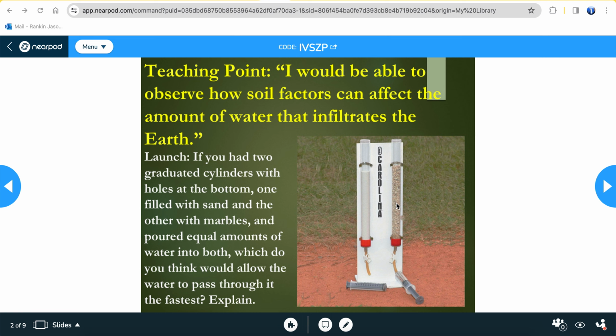That is because the pore spaces, the spacing in between these grains, would be bigger than the spacing in between the sand particles, which would allow water to pass through the marbles faster than the sand.